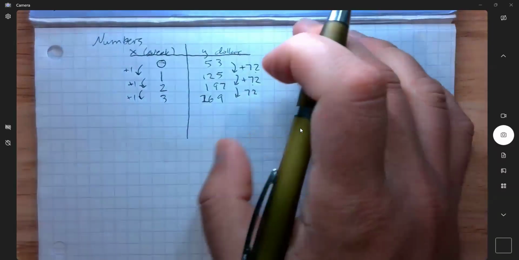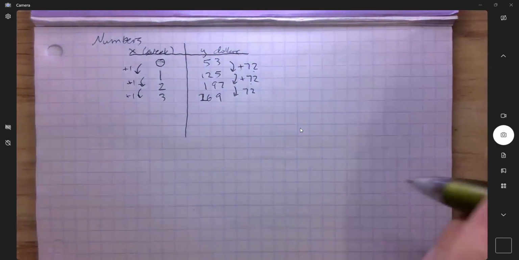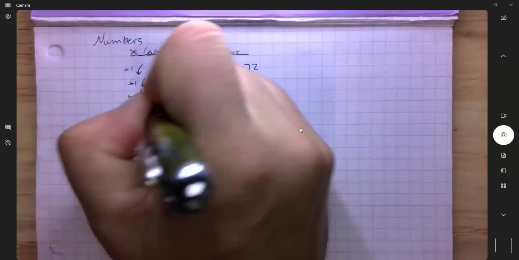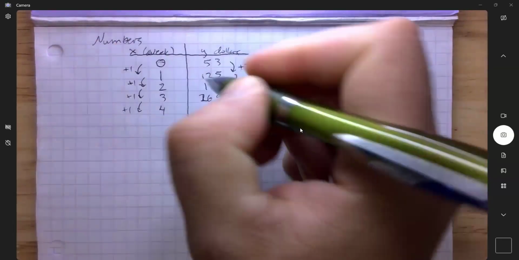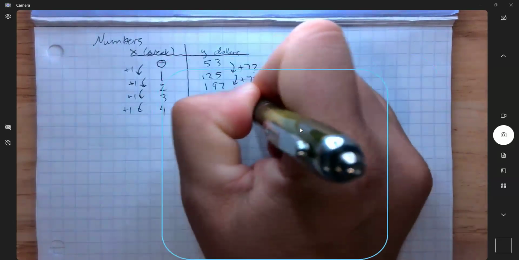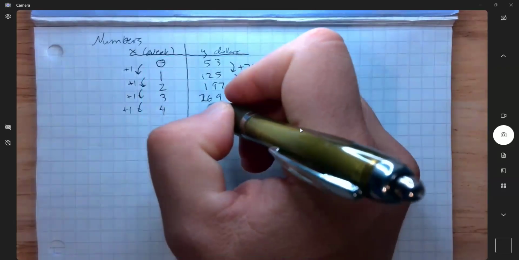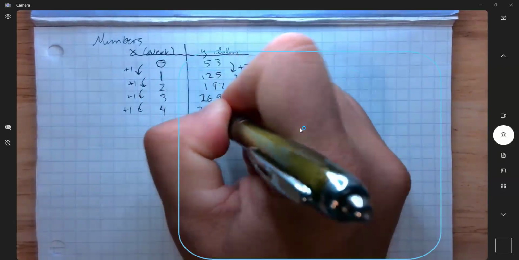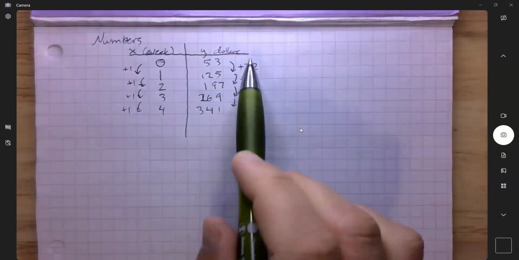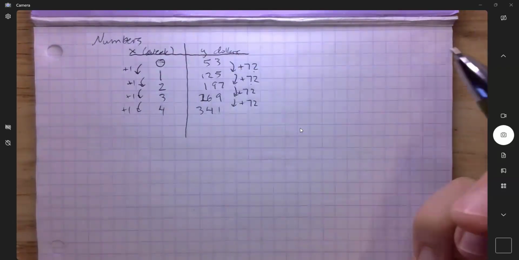I'm doing this in my head. I could be making mistakes. You're welcome to use a calculator or to do the addition a little more carefully. And we'll go one more week. So add 72 one more time. That would be 341, I think. So now we have a numerical representation of Joe's bank account.